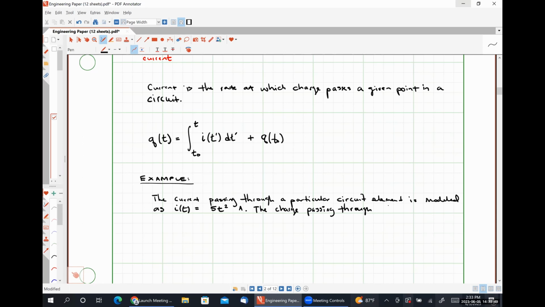The charge passing through the element at t is equal to 0 seconds is Q of 0 is equal to, let's call it 3 coulombs.